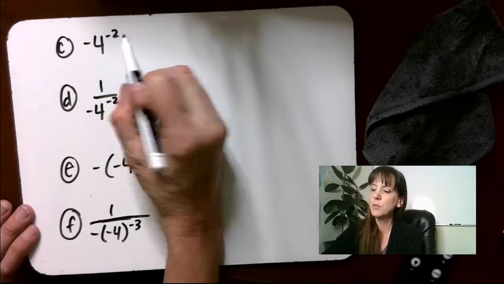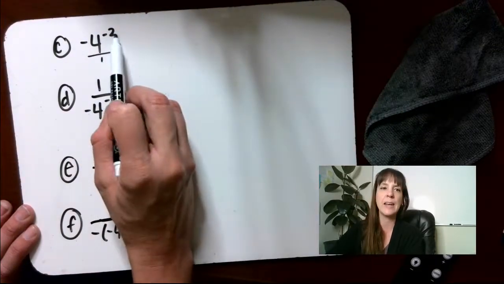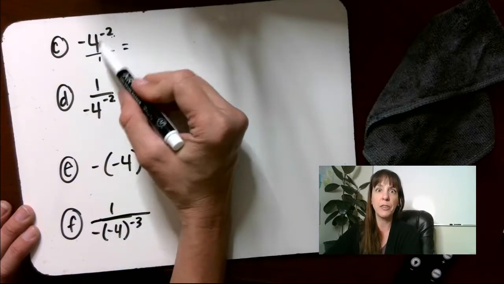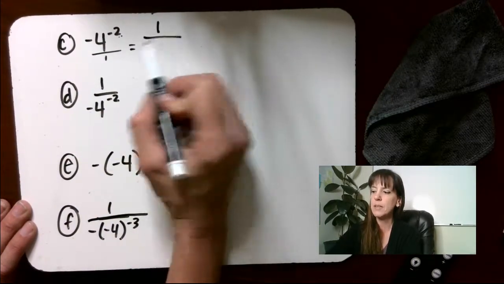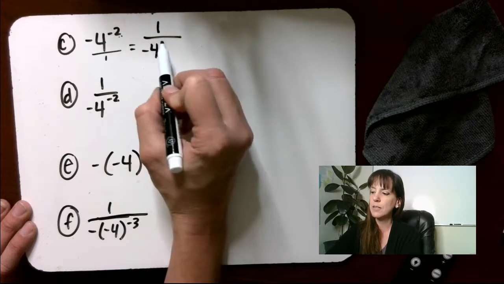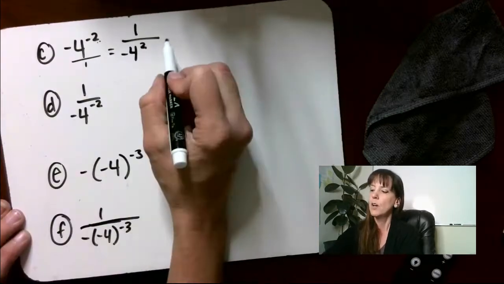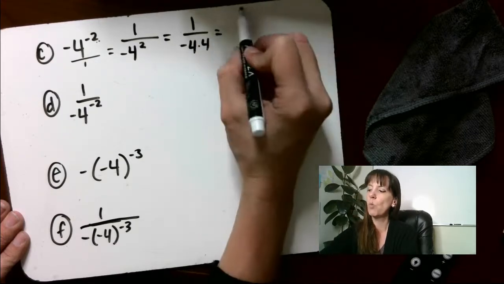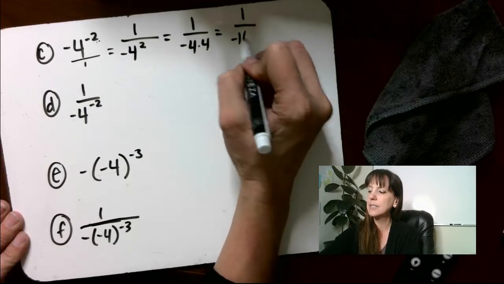All right, guys, so this one is currently over 1, but it's got that negative attitude upstairs, so we're gonna move it downstairs. That doesn't mean that nothing remains upstairs. We have a 1 upstairs, and now all this garbage goes downstairs, and it becomes a +2. This is saying 1 over -4 times 4, which equals 1 over -16.